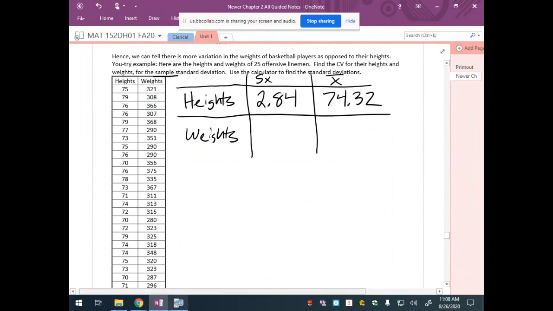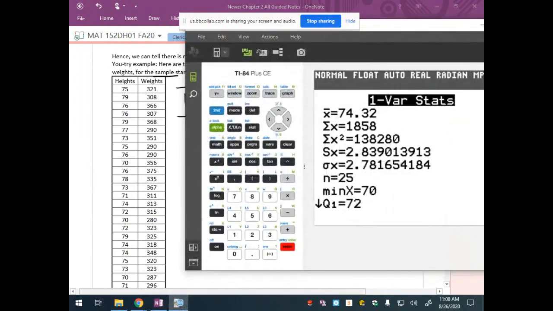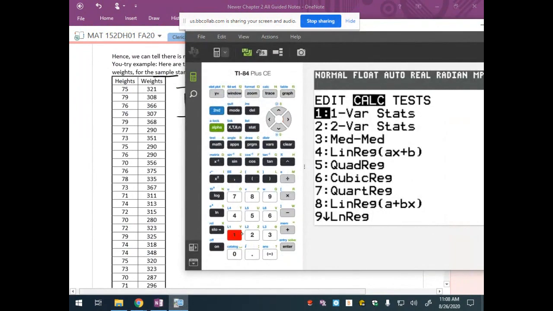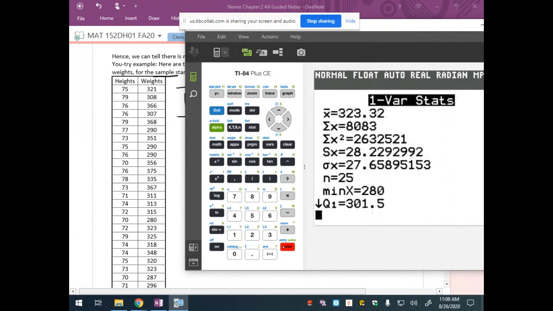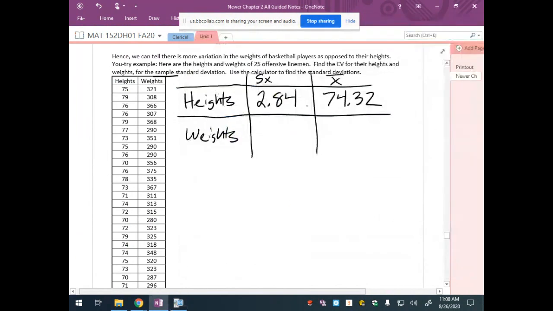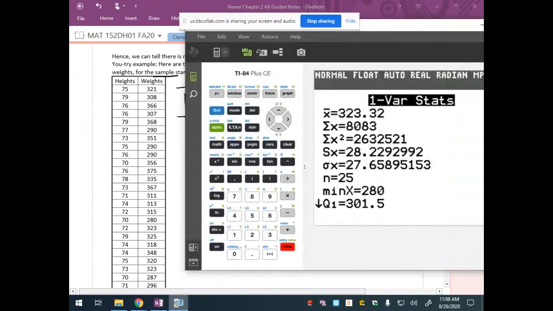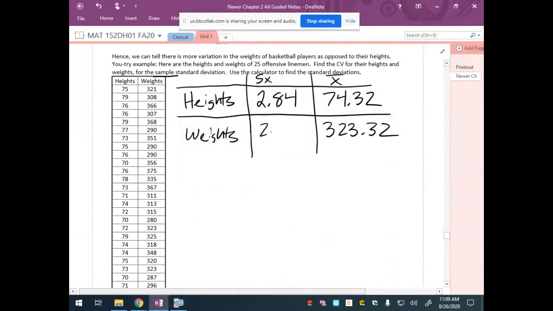Now, let's do the same thing for the weights. We're going to do 1-Var Stats, but instead of list 1, I'm going to put in list 2, L2. And we get 323.32 pounds for the mean, and for the standard deviation, we get 28.23.